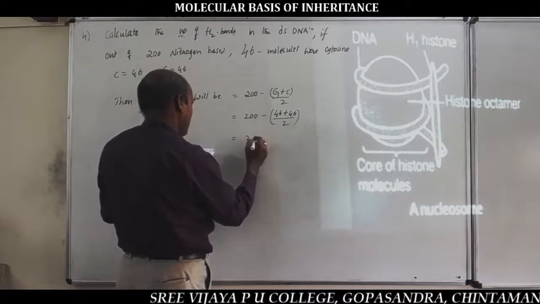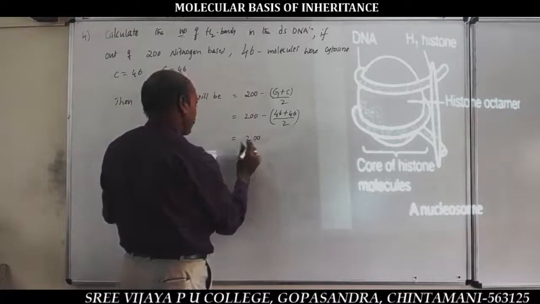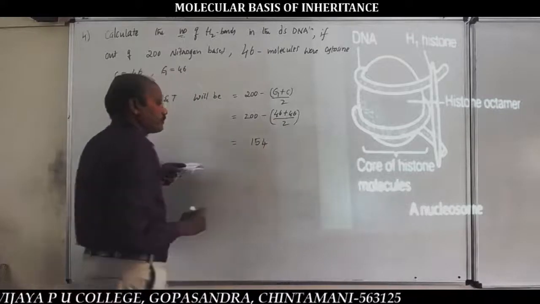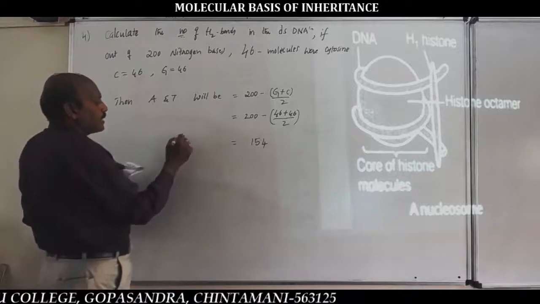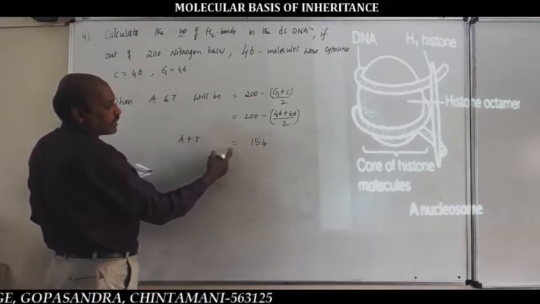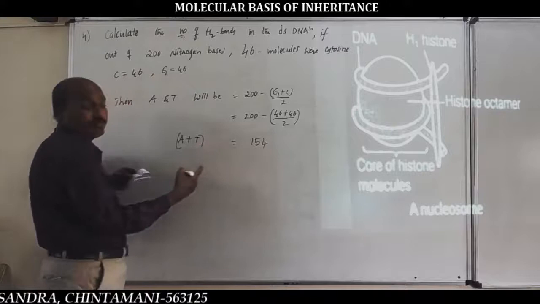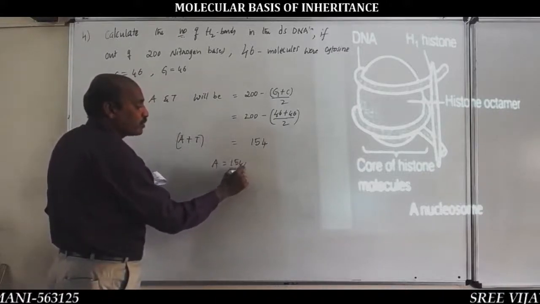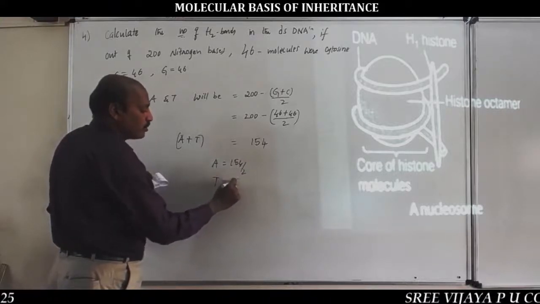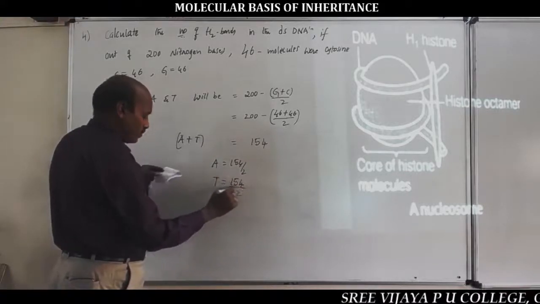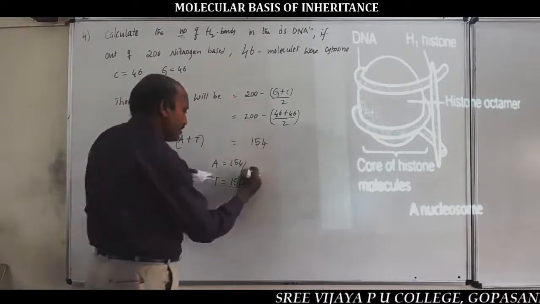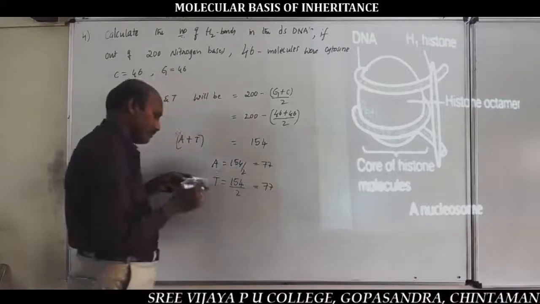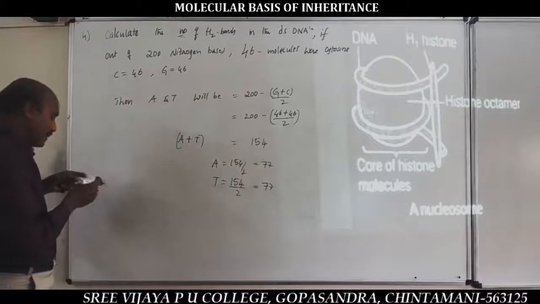So we get the answer 154. A plus T equals 154, while A equals 154 by 2 and thymine equals 154 by 2, that is 77. A is 77 and thymine is 77. Number of nitrogen base pairs.